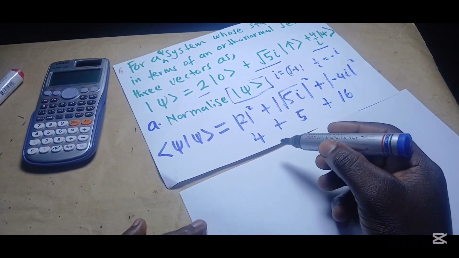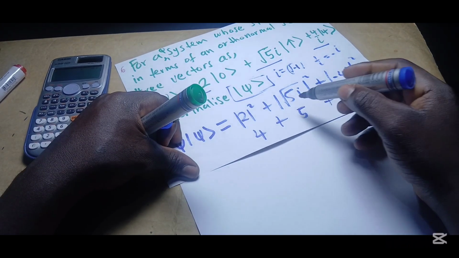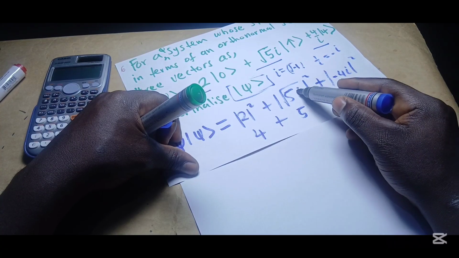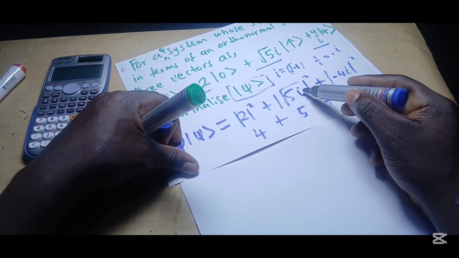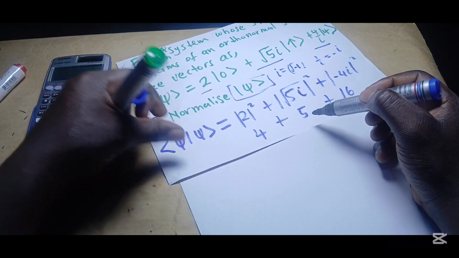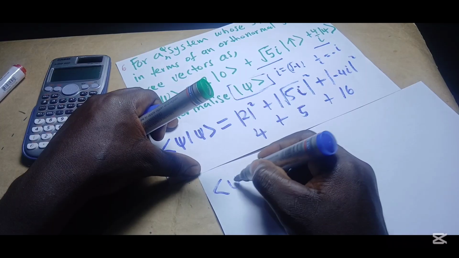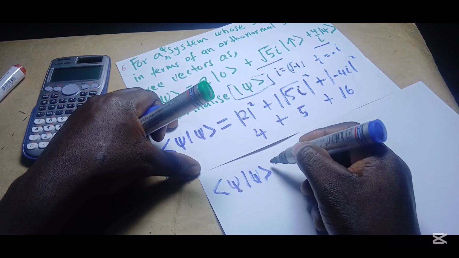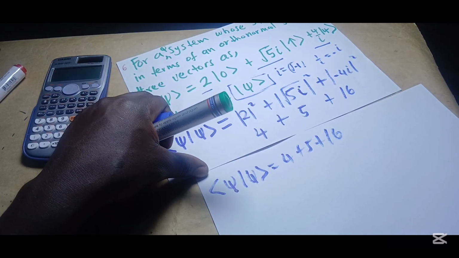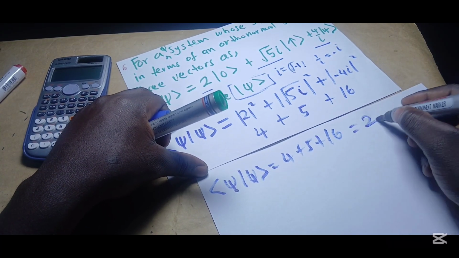So now let's add everything up. Once you are dealing with absolute values, don't let this complex term confuse you. Once we take the absolute value, generally it will cover everything. So norm equals 4 plus 5 plus 16, and that turns out to be 25.